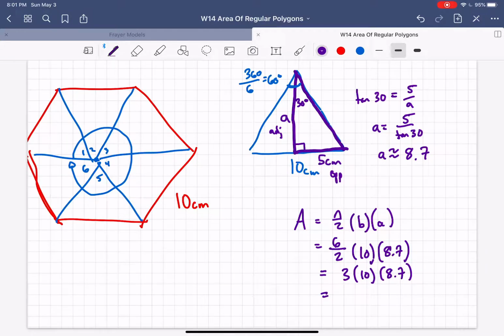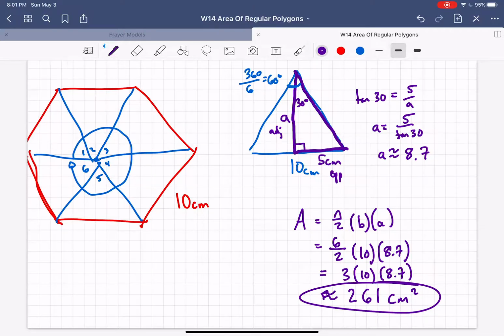So then we do 3 times 10 times 8.7, and that would give us approximately, right, because we already rounded once, 261 square centimeters.